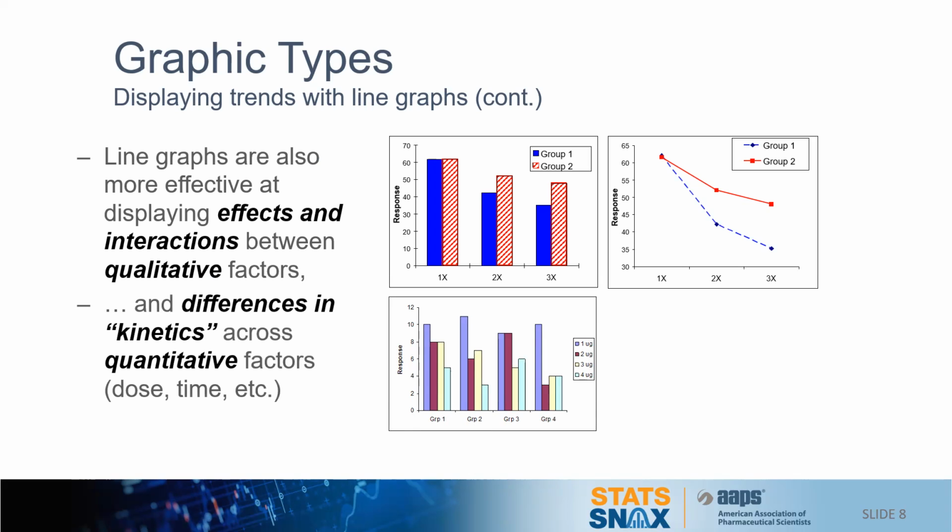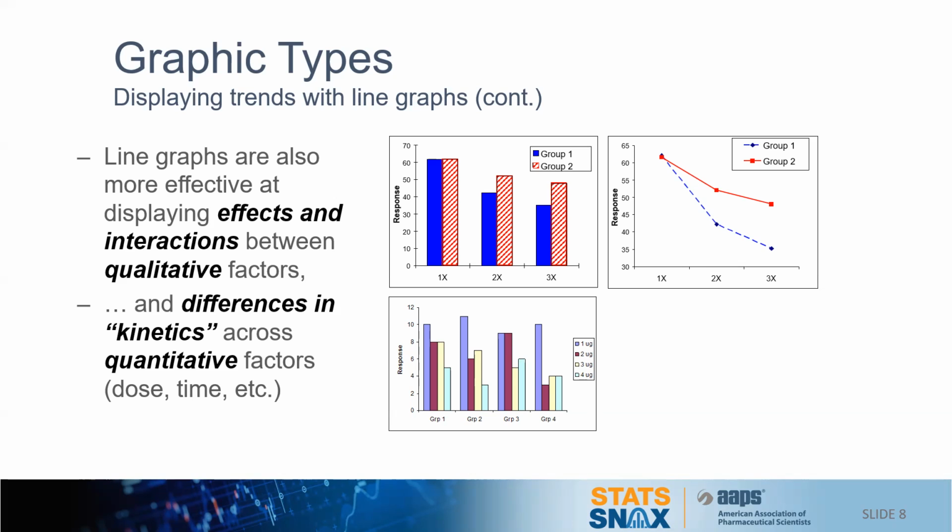These are also more effective when we're looking for differences in kinetics, in quotes, because kinetics can be dose kinetics, time kinetics, or any, if you will, trend over a quantitative factor, and use a bar chart.